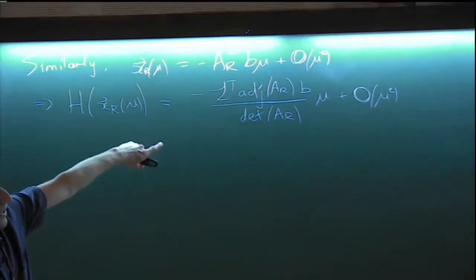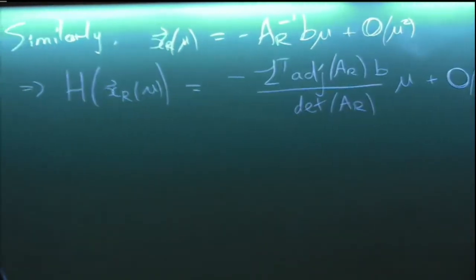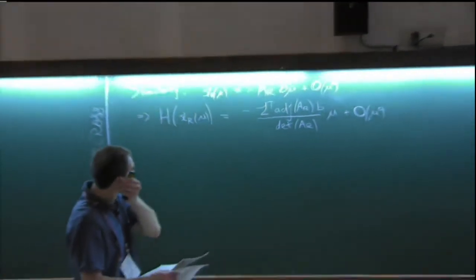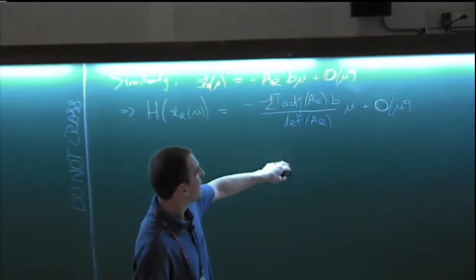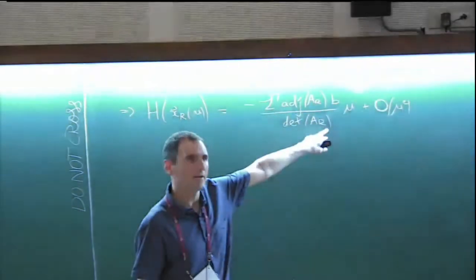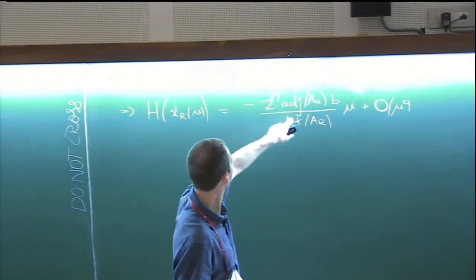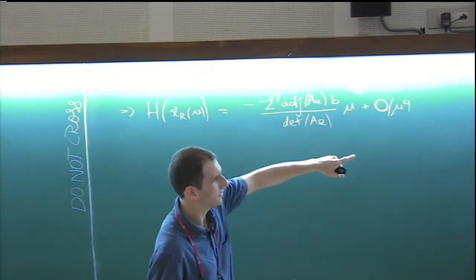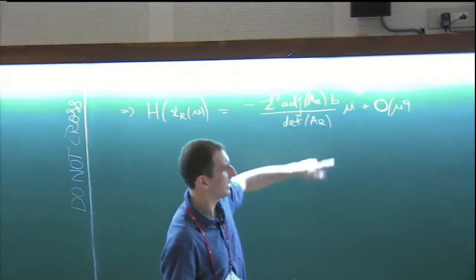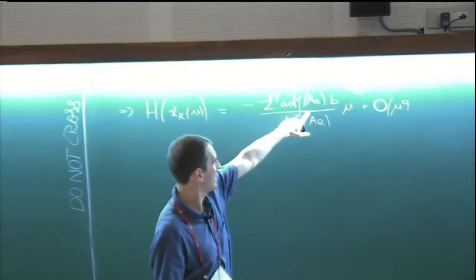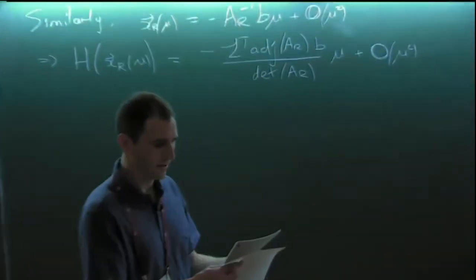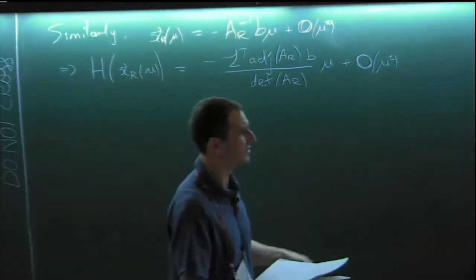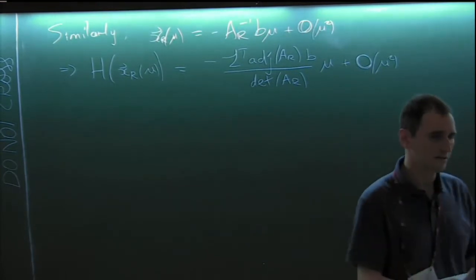I've just done the same calculation, but instead of AL, I've got AR. But I seemingly have a different row vector now. So instead of zeta transpose adjugate AL, I've now got zeta transpose adjugate AR. But what I'm going to show you now is that these two vectors are actually the same.